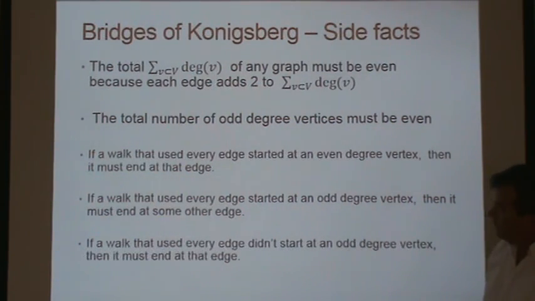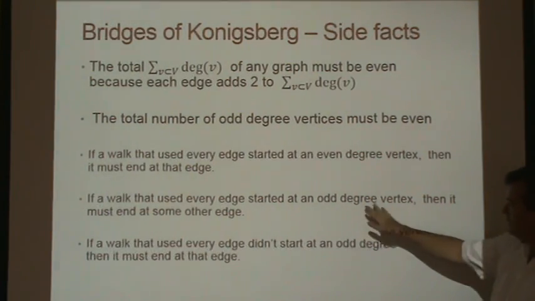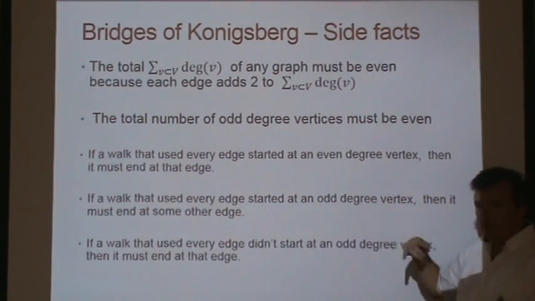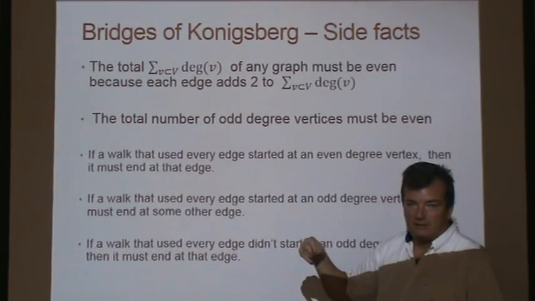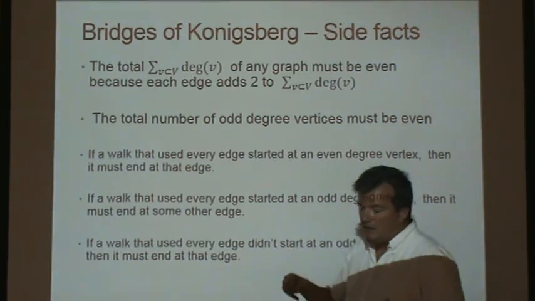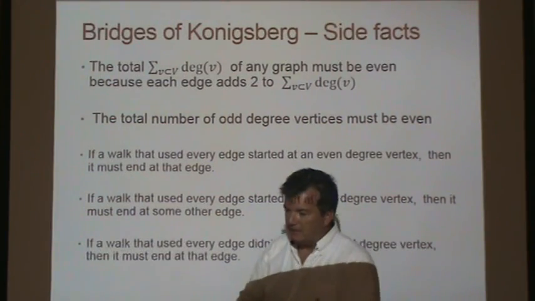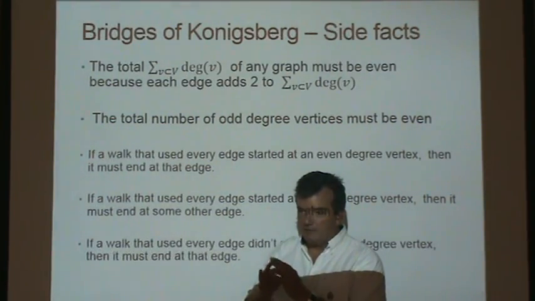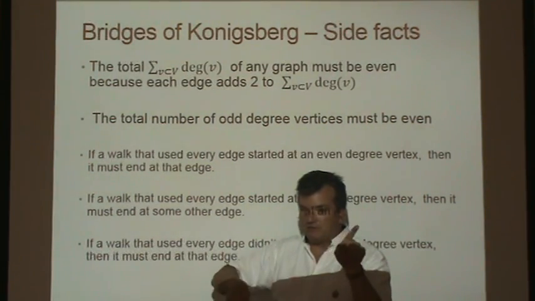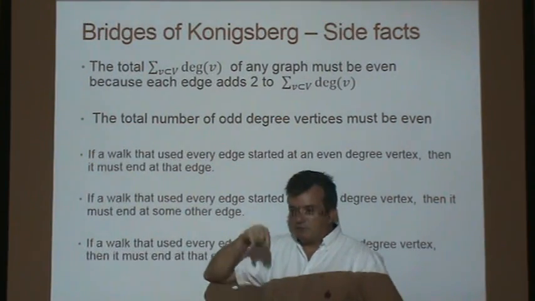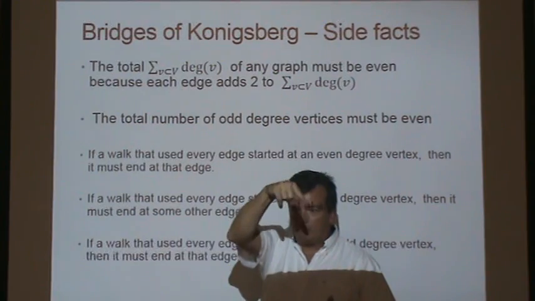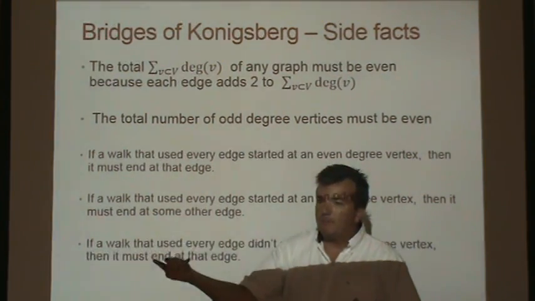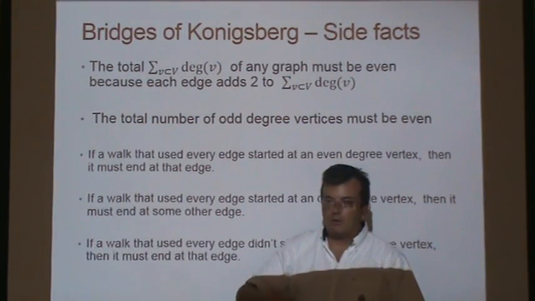So if a walk that used every edge started at an odd degree vertex, what could you say about where that walk is going to finish? I'm sorry, can you repeat that? So let's say you had a vertex that had degree 3. So a vertex has 3 bridges coming out of it. If you started at that vertex, you would go over one bridge, at some other point come back over a bridge, and then go out the 3rd bridge.